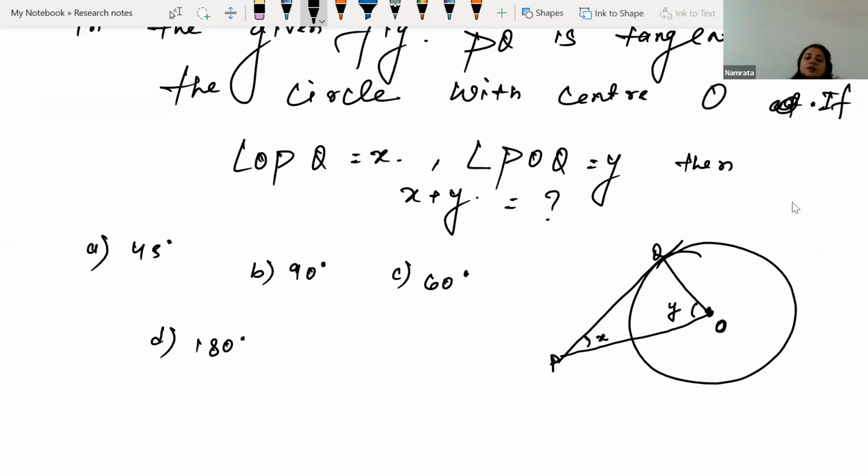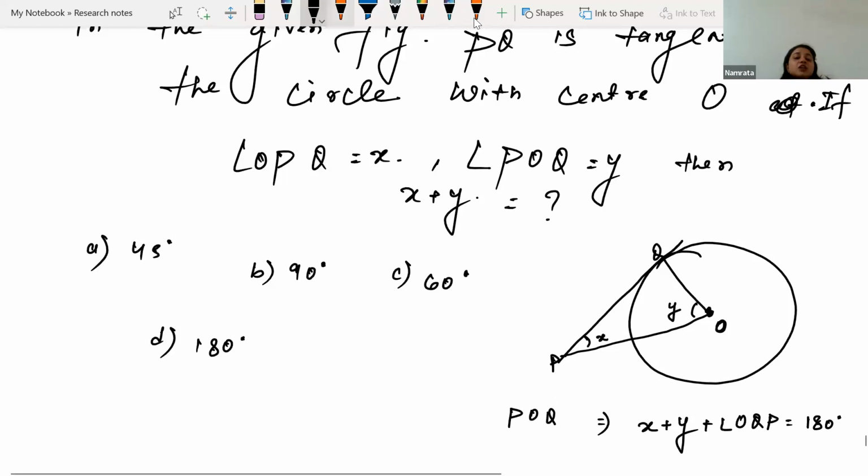We can take that in this triangle POQ, the angle sum property says that angle X plus angle Y plus angle OQP will be 180 degree. Now, if you focus over here, in the tangent chapter you have done, there is only one concept totally based on tangent.